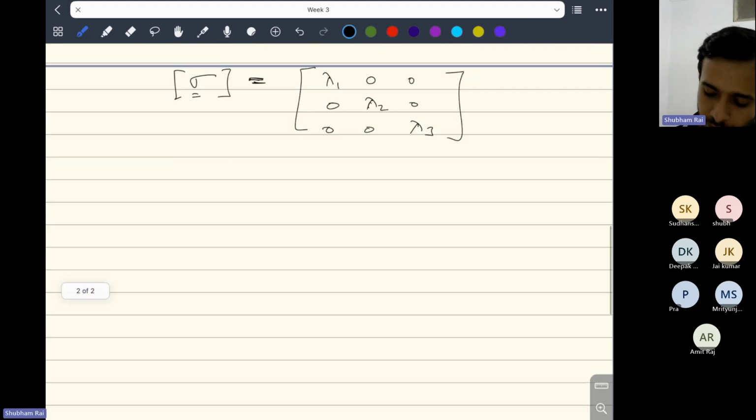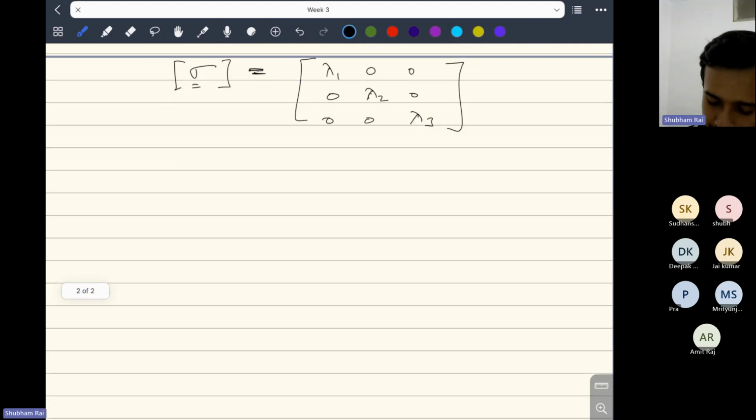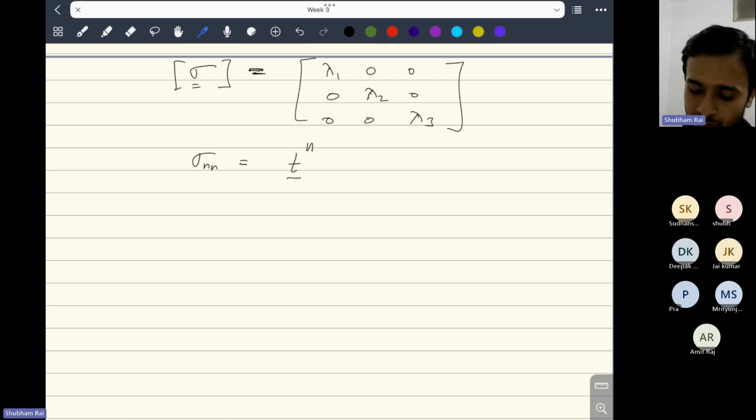In the formula I have already written, you know that sigma n, the normal component of stress on a plane having normal vector n, is given by the traction vector on that plane dotted with that n vector, right? So this will be the normal component of the stress.